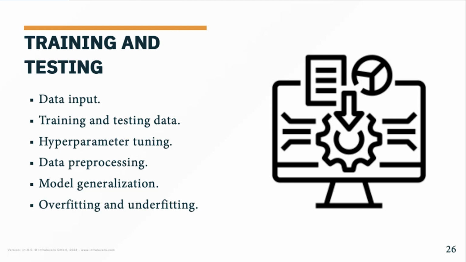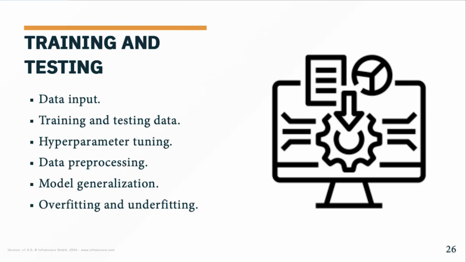It's equally important to think about how we train and test it to ensure that it performs well in real-world scenarios. So the process typically starts with the data input, where we gather and prepare the data so the model can learn from it.